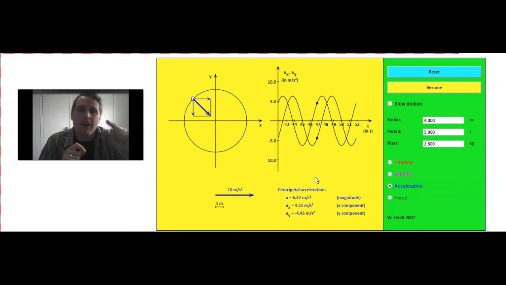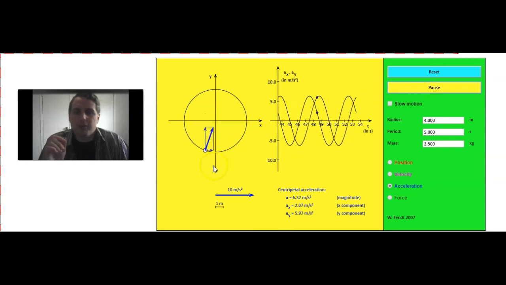So a factor of 2 squared is 4 in the numerator. But since the radius went up by a factor of 2, that's a factor of 2 downstairs in the denominator. So 4 over 2 is a factor of 2. Another way to write centripetal acceleration is omega squared times r. That is the rate of rotation, the angular velocity, squared times r. Since r just went up by double, it should be double the centripetal acceleration. Okay, so I hope that makes sense to you.